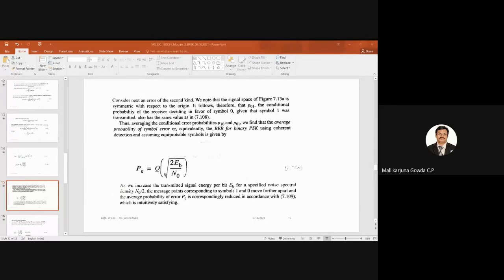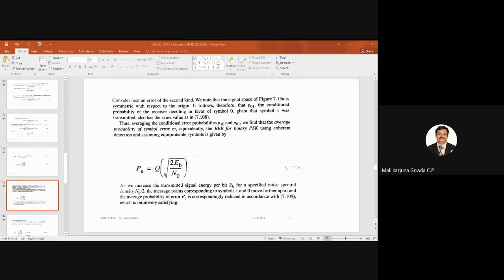What I wanted to say here is, with respect to the message points, that is either symbol 1 or symbol 0, what happens here? The average probability of symbol error is directly proportional to what? The signal energy, right? Transmitted signal energy.